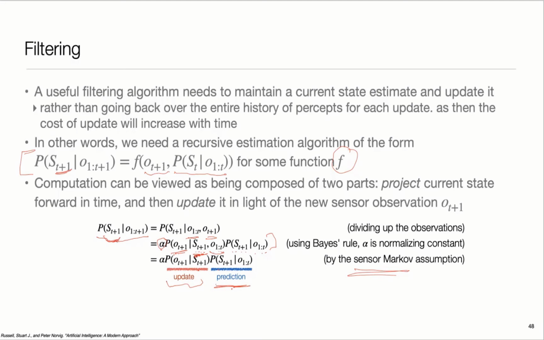So now I have my recursive process, and I can call this function f some sort of recursion function, but in this case it's very simple. It is basically taking the preceding prediction and then multiplying it with this term, which of course comes from our probability distribution tables.